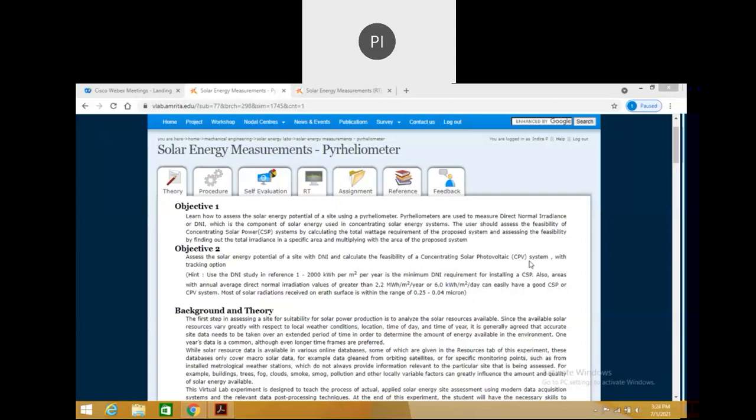Use the direct normal irradiance study in reference: 1 to 2000 kilowatt hour per meter square per year is the minimum DNI requirement for installing CSP.